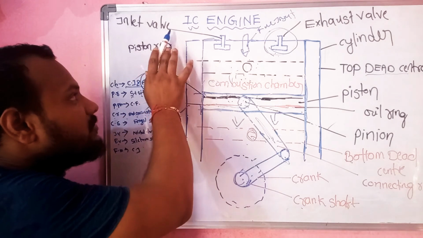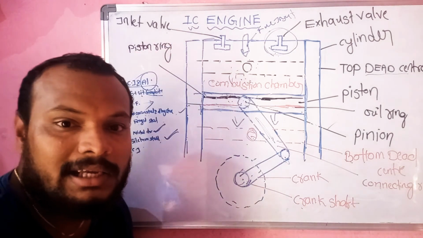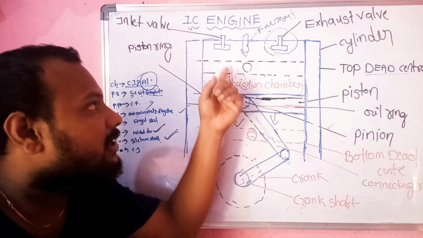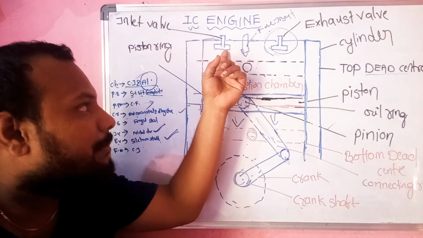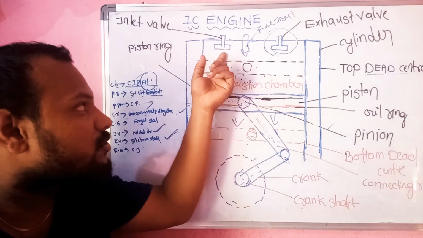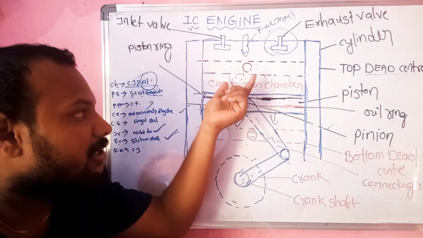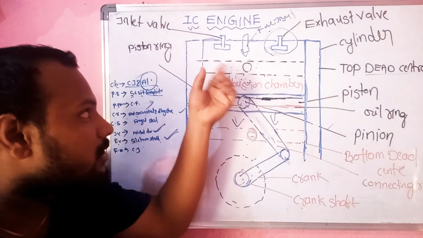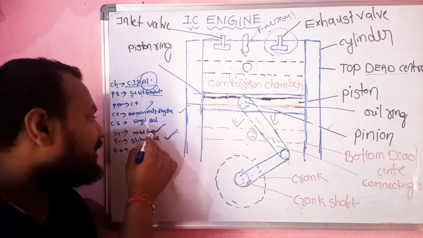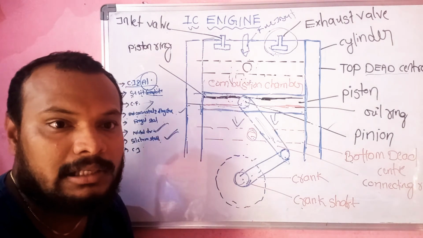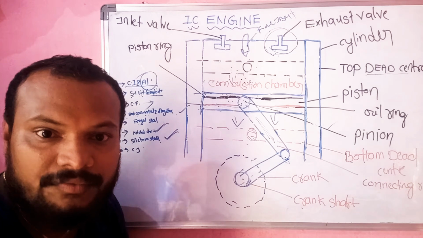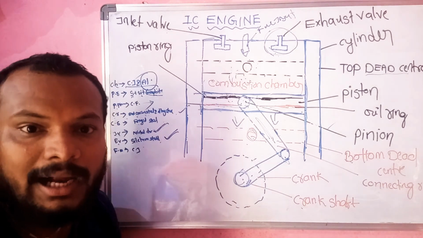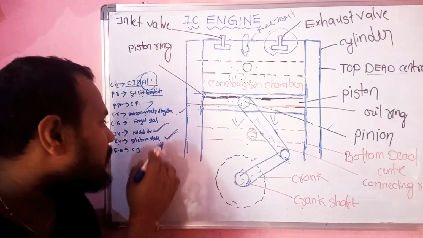First we discuss the inlet valve. The inlet valve allows the air-fuel mixture to enter the cylinder or combustion chamber, and the inlet valve is made of nickel chromium material.